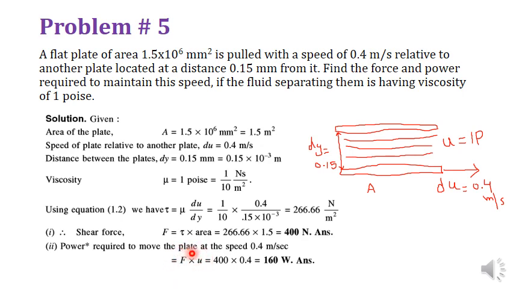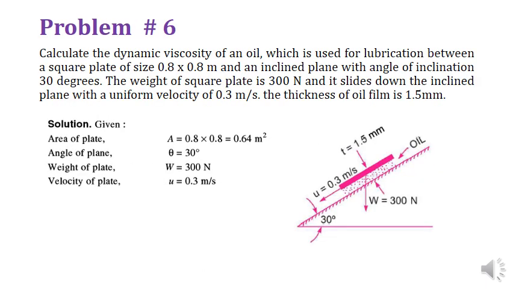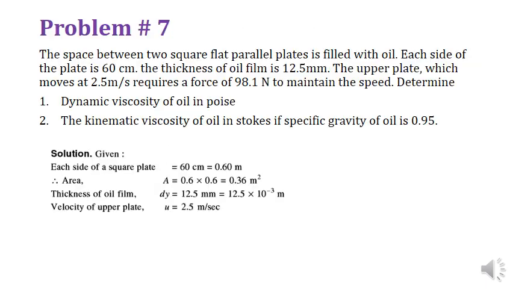You are putting work done over here because of the unit dimensions you are considering. So only for the unit dimensions you are working. In 2D your power will be equal to work. So 160 watt you are getting. It is dynamic viscosity, not kinematic, so for the dynamic viscosity you only need to calculate mu.